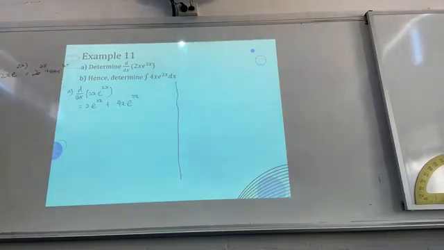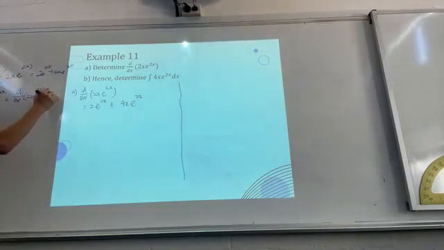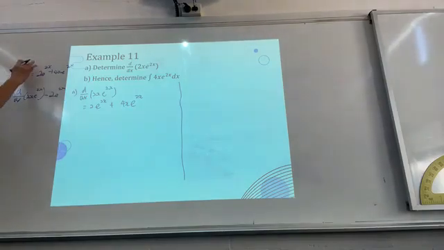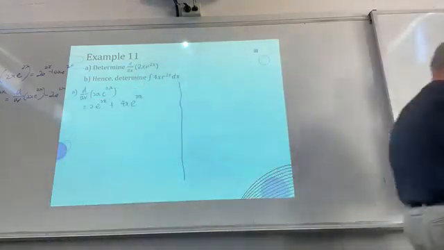Now, rearranging it, you can rewrite this as 4x e to the power of 2x equals d/dx of 2x e to the power of 2x minus 2e to the power of 2x. So you can actually rewrite it that way. Rearranging that.